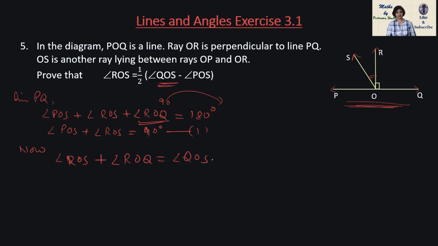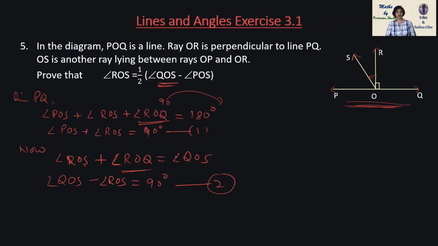So QOS equals ROQ minus ROS, or you can write it the other way. Here the angle ROQ is 90 degrees. So angle QOS minus angle ROS equals 90 degrees. This will become equation 2.